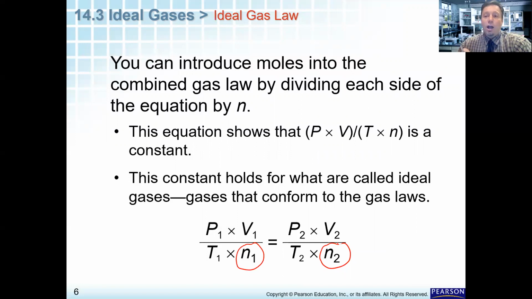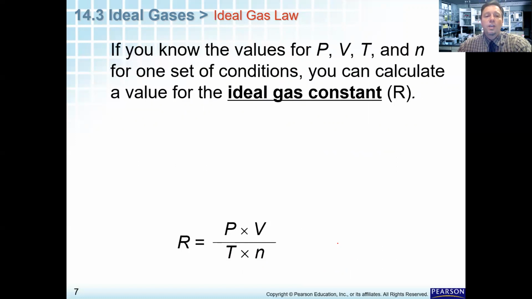And how do we derive the combined gas law? Well, if you hold the moles constant, and that's what we said when we learned about the combined gas law, you just cancel off the moles. But now we're not going to cancel off the moles. So if you know the values of pressure, volume, temperature, and moles, you can calculate this constant, the ideal gas constant. This is a new term that we're going to be introducing in this particular section.